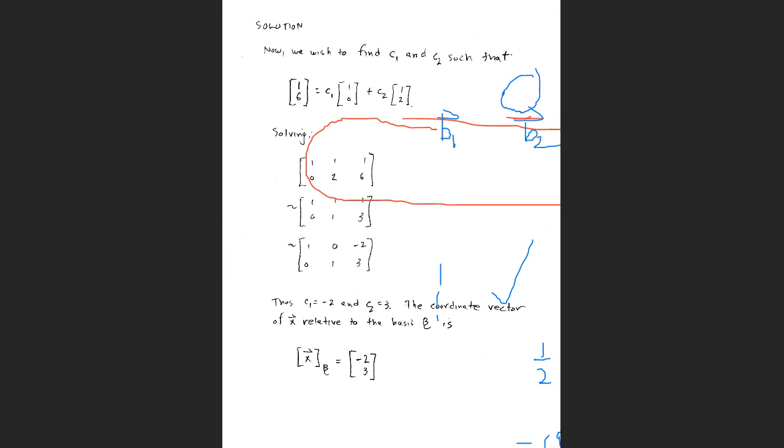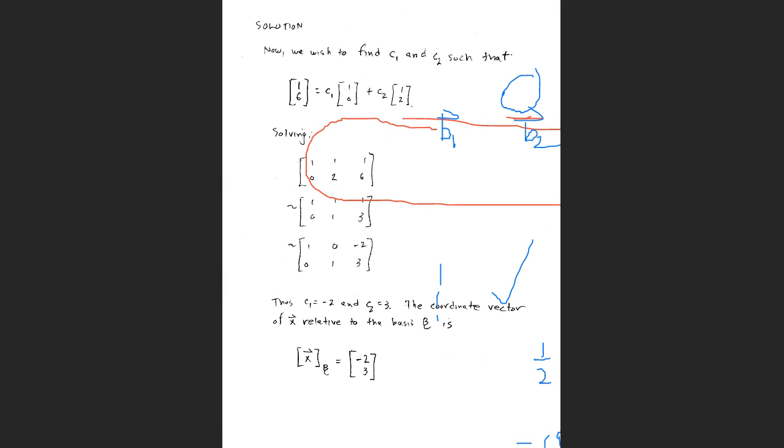And so we find then that our coordinates are going to be c1 equals -2 and c2 equals 3.